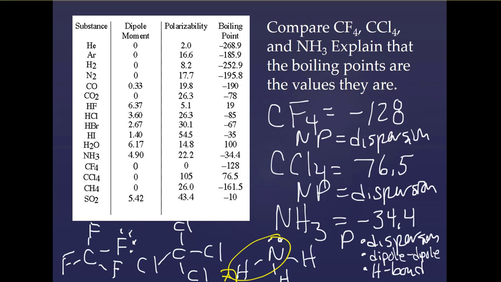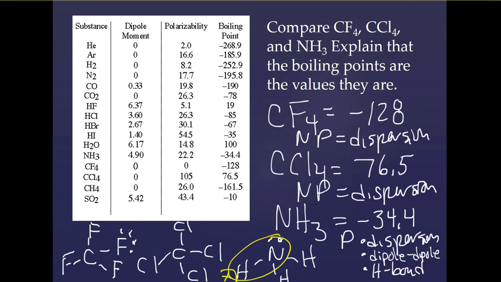Now compare that carbon tetrachloride to the ammonia, that last one there. It's polar and it has hydrogen bonding, but it doesn't come anywhere near the 76.5 degree boiling point. So here's a case where the dispersion forces all add up to be stronger than something that is hydrogen bonded. So you can say that hydrogen bonding is the strongest force if you have molecules that are the same size.